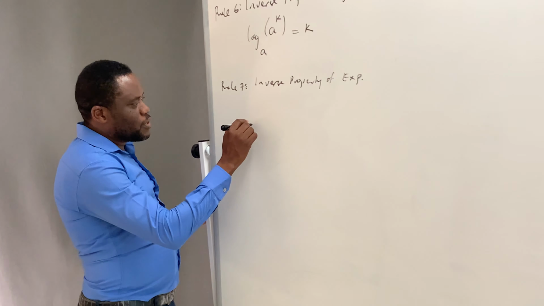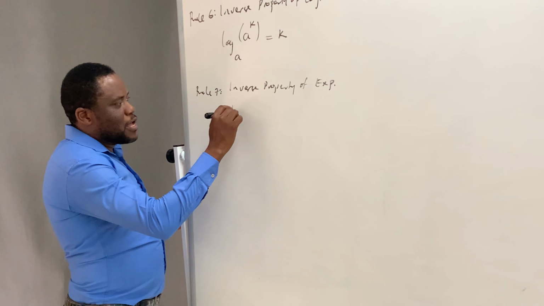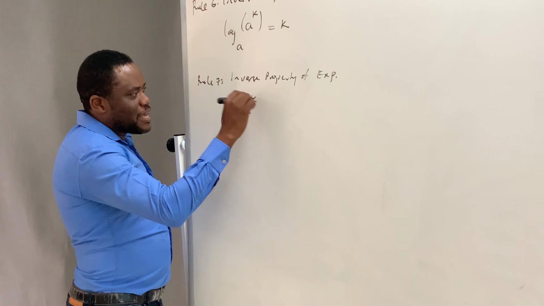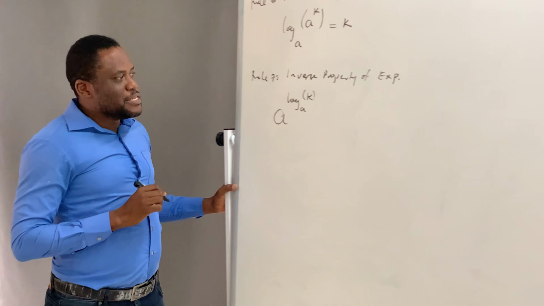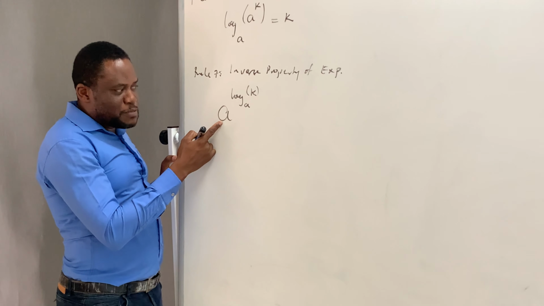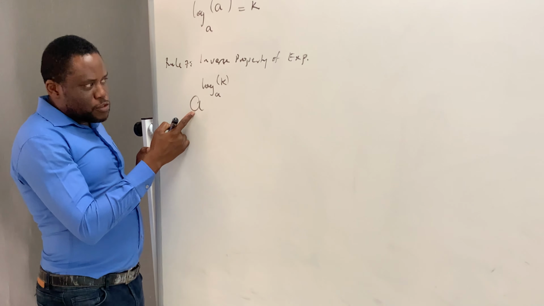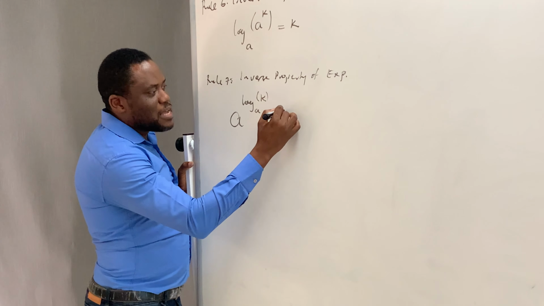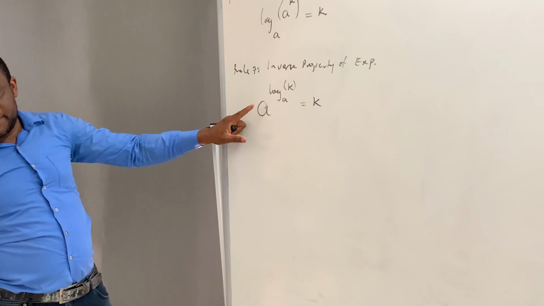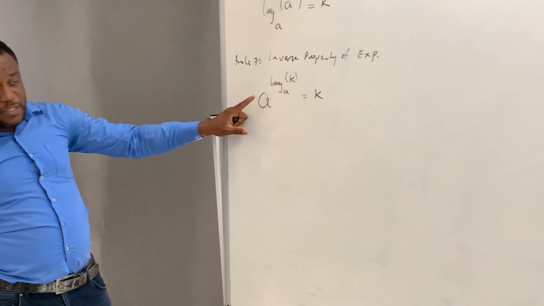So we have a to the log base a of k. The k is there. This base is the same as this power, so if it's the same, the answer is also k. This is very important. We have to understand.